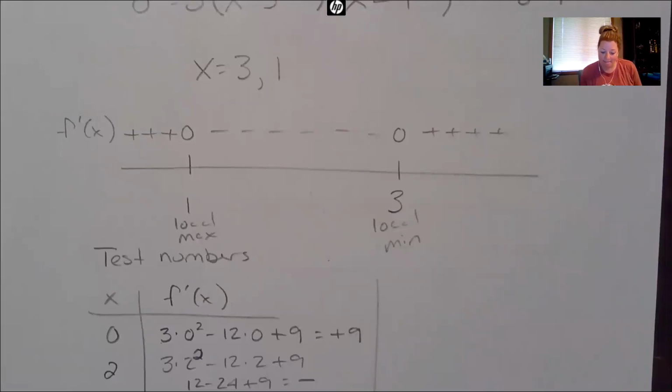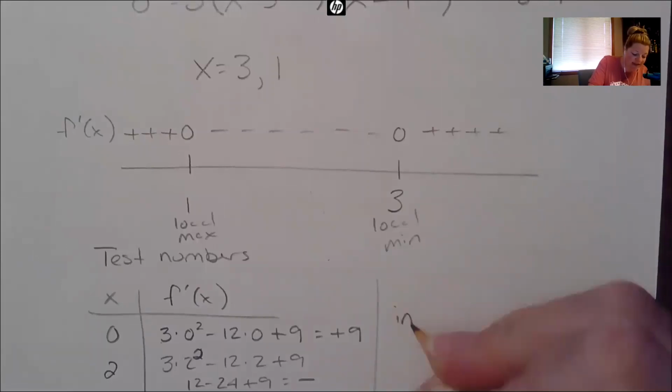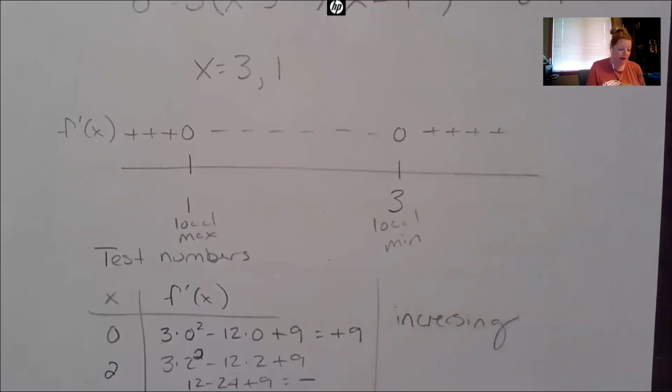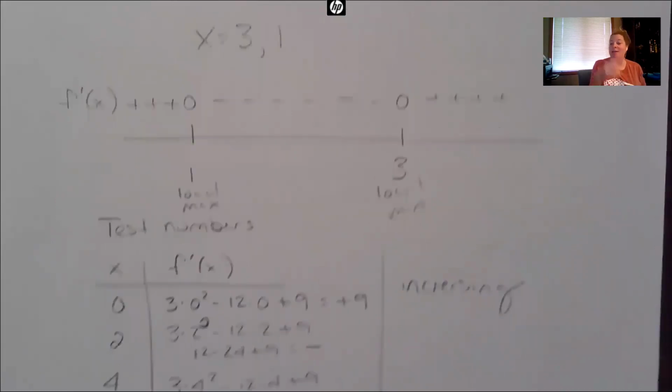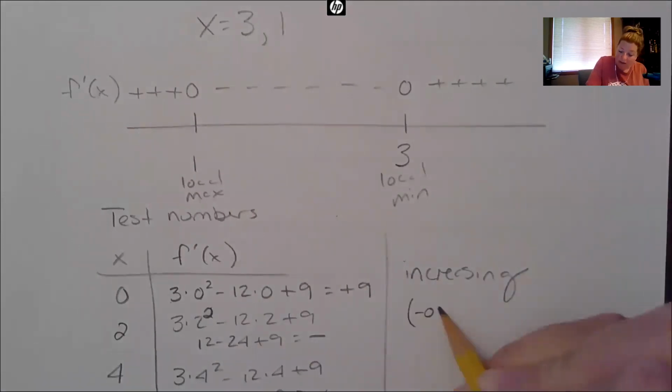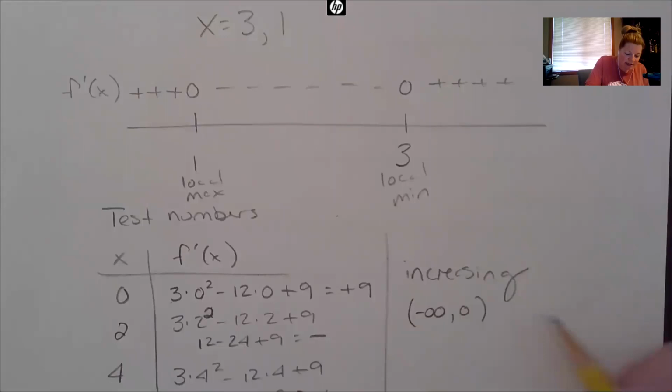Okay, we're going to be asked about increasing as well, and this is the big idea for this section. And where were we increasing? In that section, because those were both positive. So we're increasing from negative infinity to 0, union with 3 to infinity.